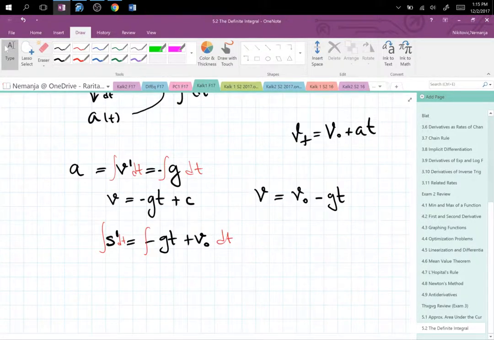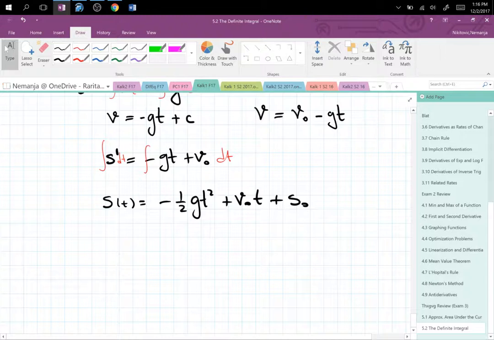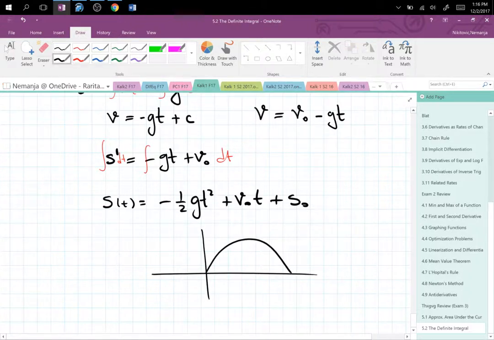You get another formula that you are forced to memorize in physics, where s in time, or height, or whatever, is equal to negative 1/2 gt squared plus v0t plus s0, the initial position, for parabolic motion. And you can see it's a parabolic motion. There's your negative t squared on a t-axis. Right there. Parabolic motion.